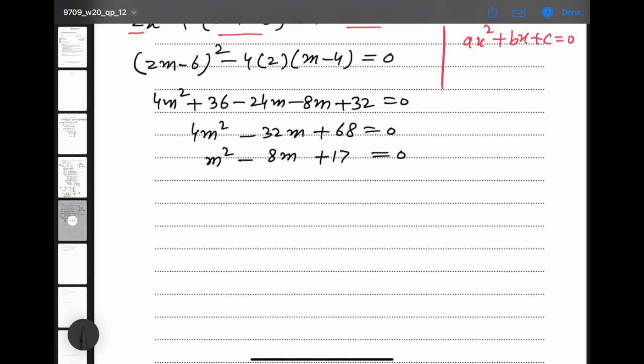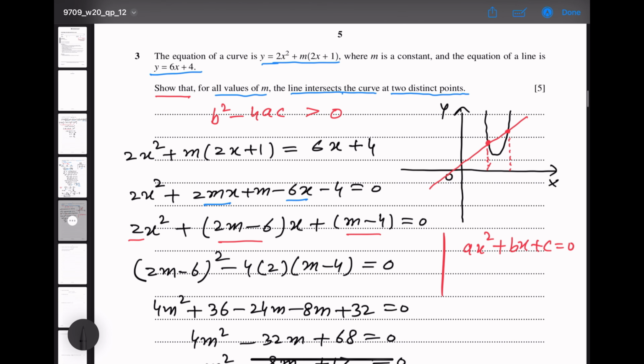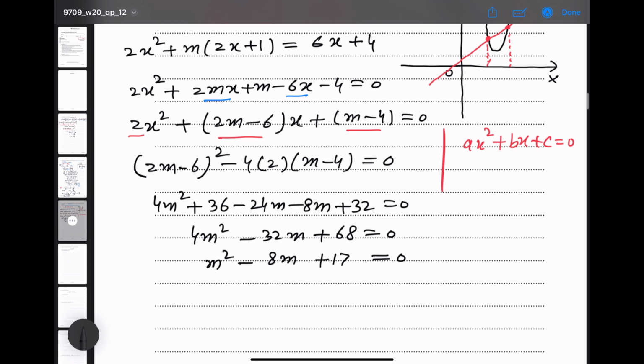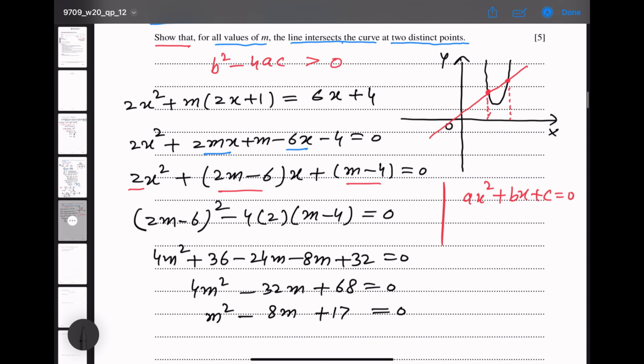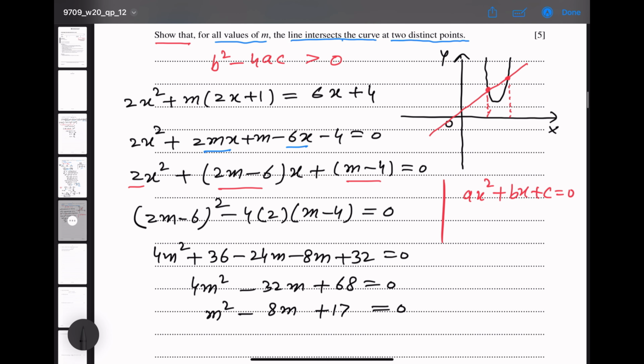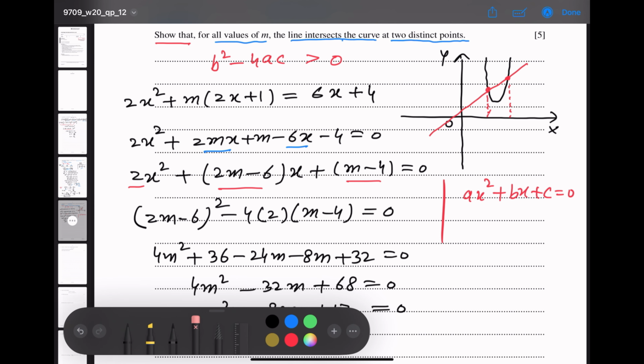Now we have to show that b square minus 4ac is positive. So we just have to find b square minus 4ac. It is not equal to 0.